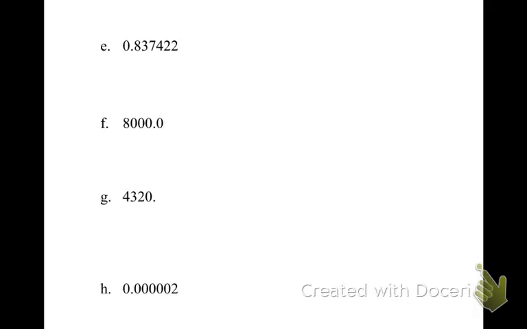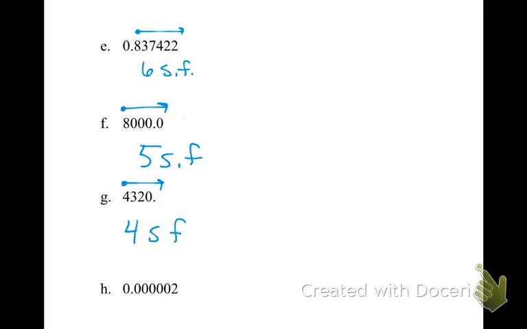You should have paused the video and tried these on your own. I'm going to go through the answers relatively quickly. You should have 6 significant figures here. For the next one, 5 significant figures. For the next one, 4 significant figures.